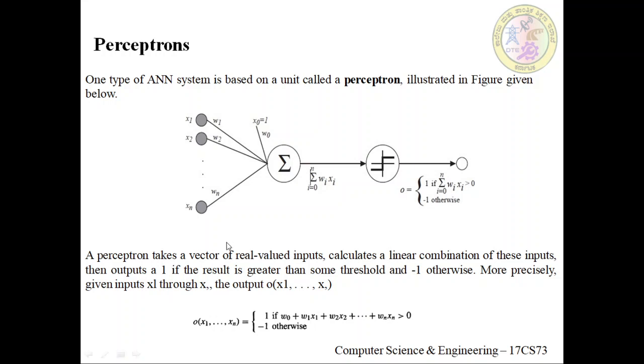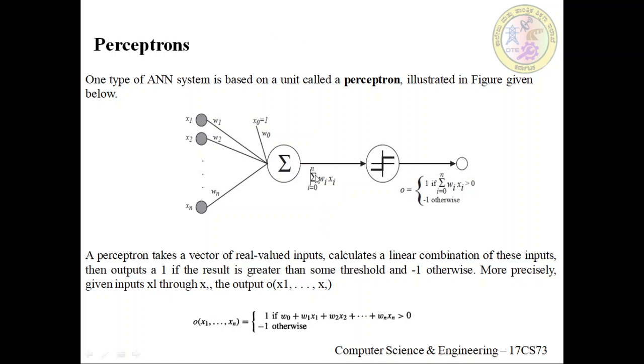And the quantity w0 is actually a threshold that the weighted combination of inputs, w1 x1 to wn xn, must surpass in order for the perceptron to output 1.